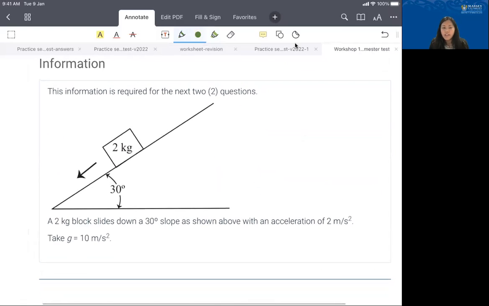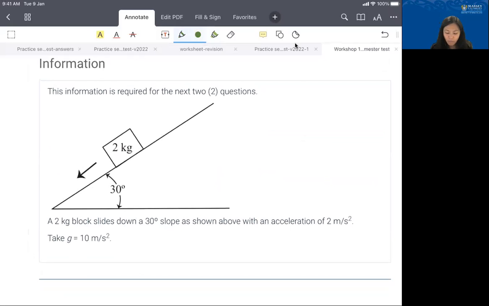All right. Okay, good. We have time to discuss this question, which is what I wanted, because this question is usually tricky. An object going down an inclined plane. We've discussed this in the lecture, and we're doing this in the practice test, so it is a very common question that we ask in the tests.